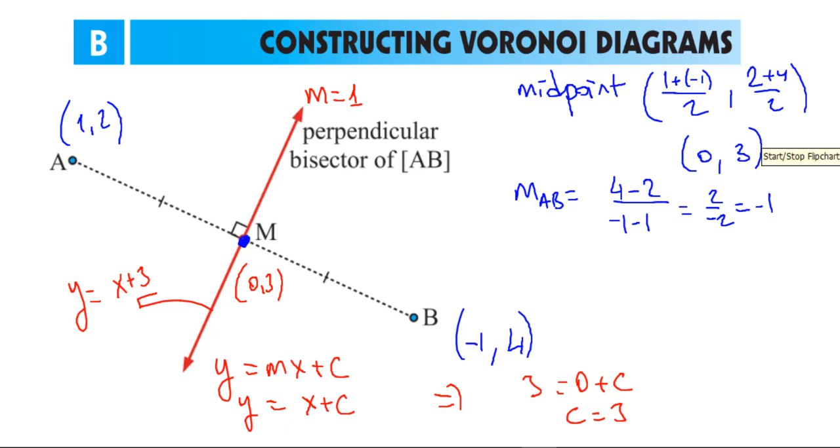Now if we have three points, let me try to explain the idea. If we have three points, how do we draw the regions? Actually, in the paper, they won't ask you to construct it because it takes time. Instead, what will you do? You will try to find the missing point, or maybe the missing edge, based on this idea.